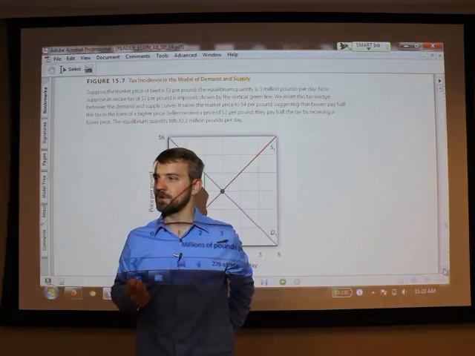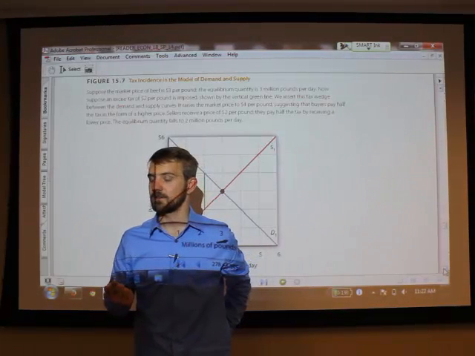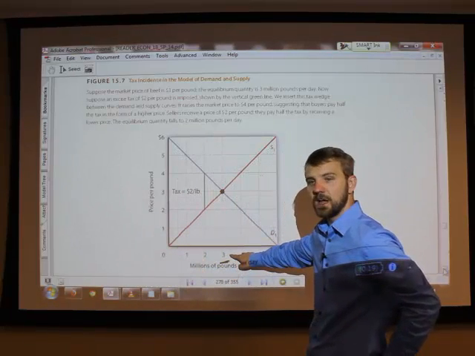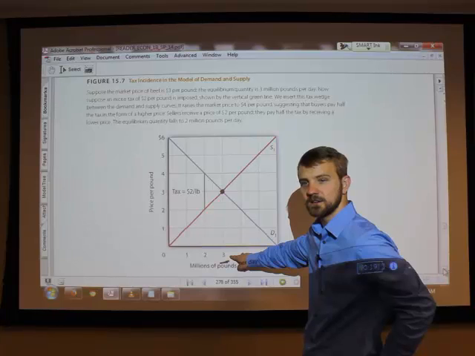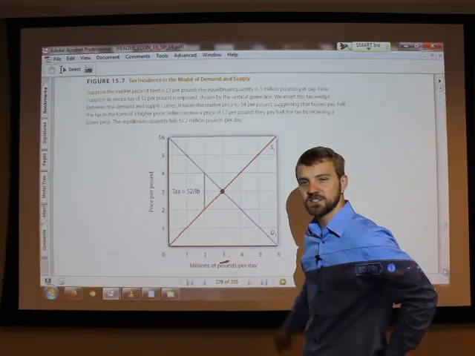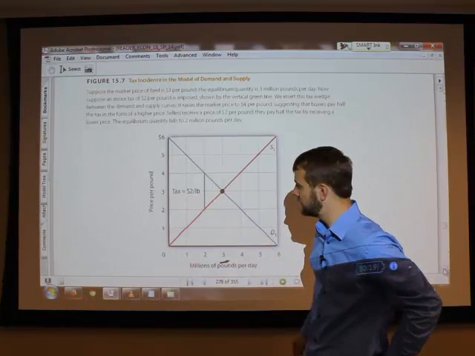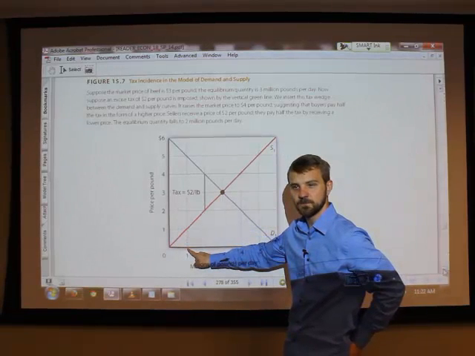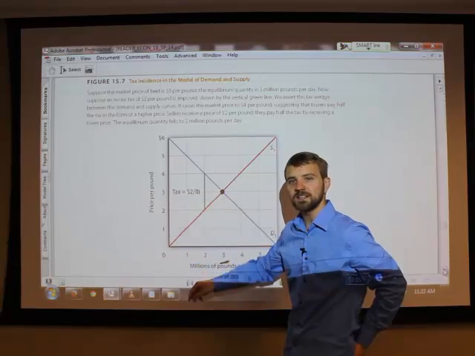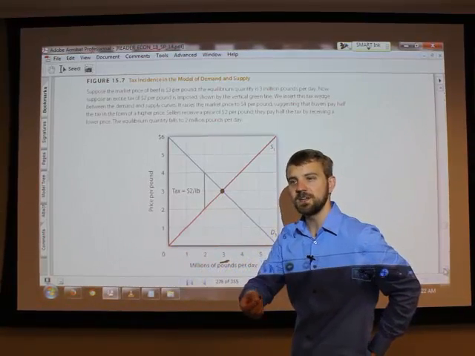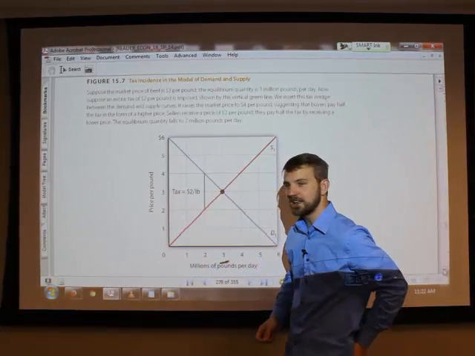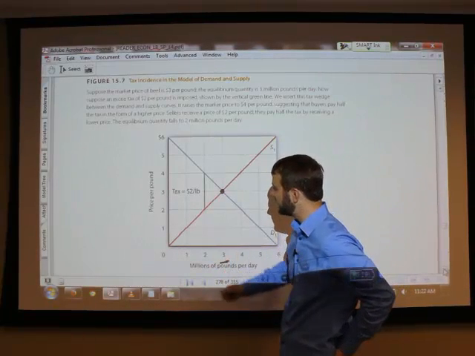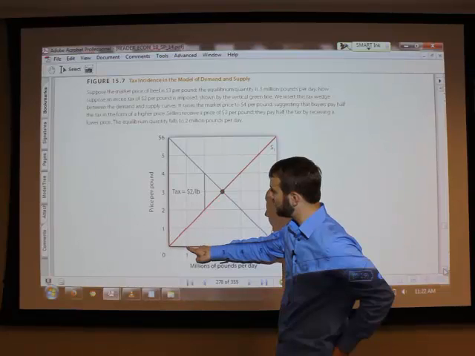How much do they get to keep? $1. Are firms willing to supply 3 million pounds when the price is $1? No. How much are they willing to supply when the price is $1? We look at the supply curve and we see 1 million pounds. So if the price that we exchange the beef at is $3, sellers only get to keep $1 of that. Therefore, they're only willing to supply 1.